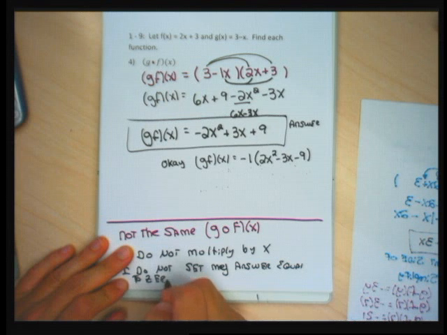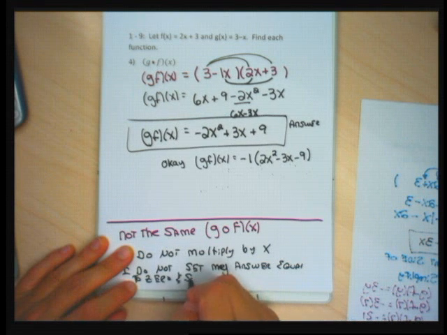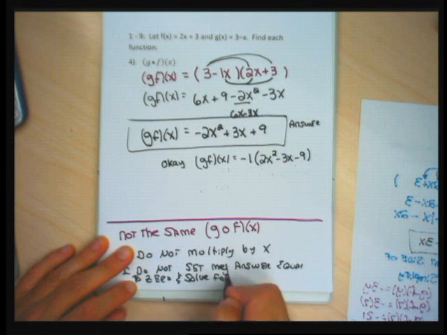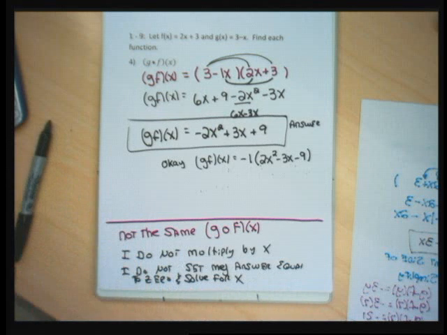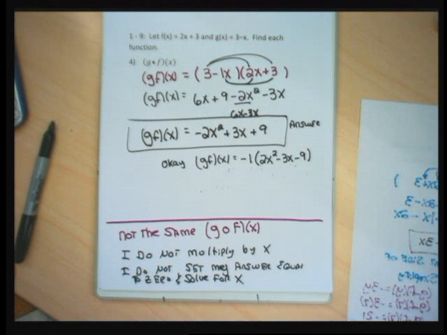And that's for every one of these problems. None of the problems on this whole entire section will I multiply by x or set my answer equal to 0 and solve for x. So that's all there is to do for number 4. These are really basic, simple problems if you understand what's being asked and don't overdo it and do something you shouldn't do.